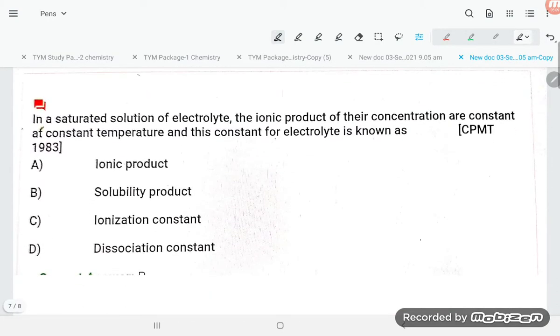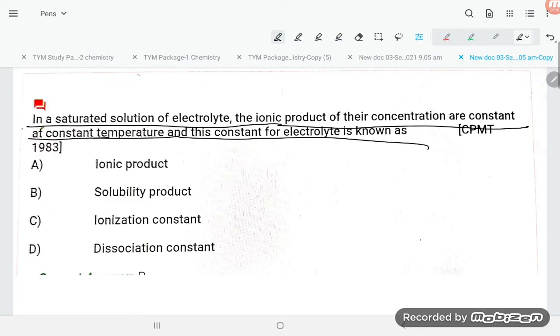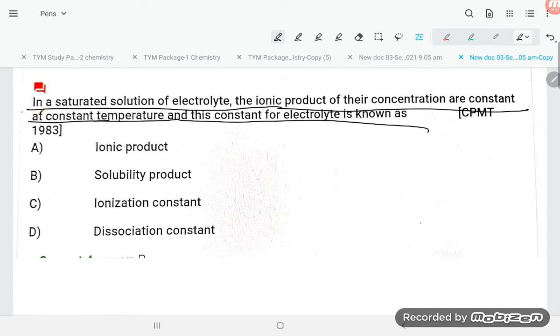Next one. In a saturated solution of an electrolyte, the product of ionic concentrations is constant at constant temperature, and this constant for the electrolyte is known as what?